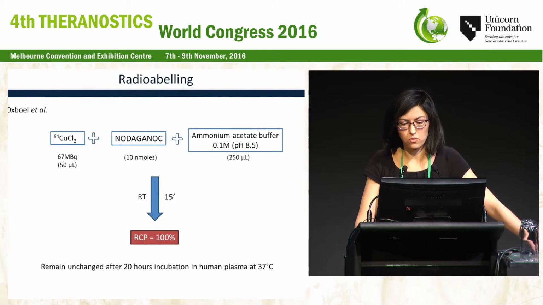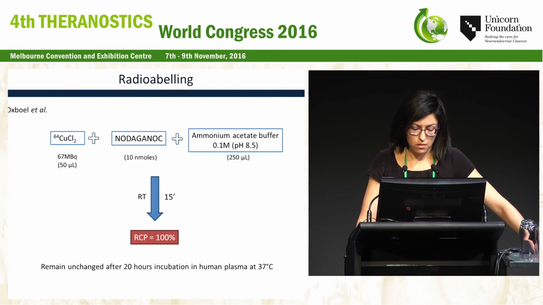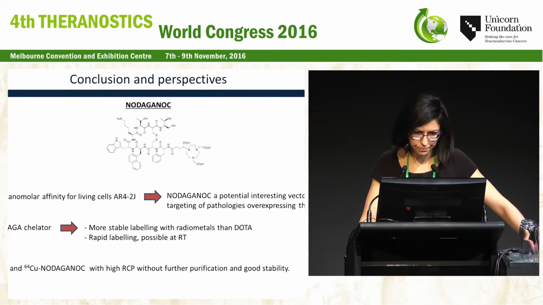After incubation at room temperature for 15 minutes, we obtained copper-64 NODAGANOC with RCP equal to 100%. This RCP remained unchanged after 20 hours incubation in human plasma at 37 degrees Celsius.